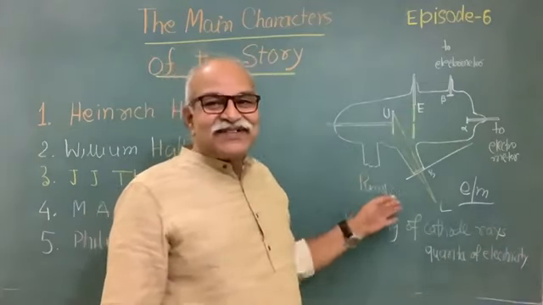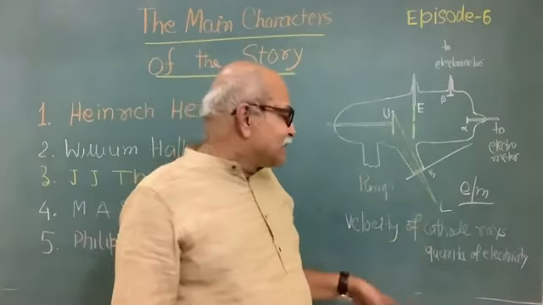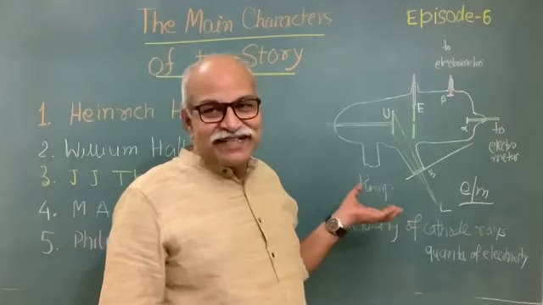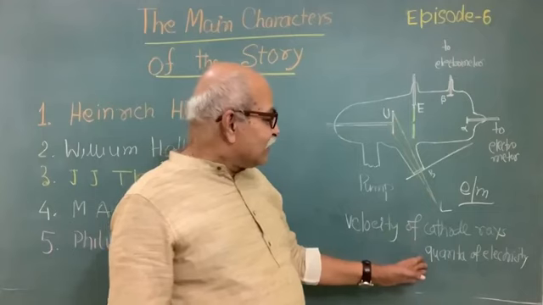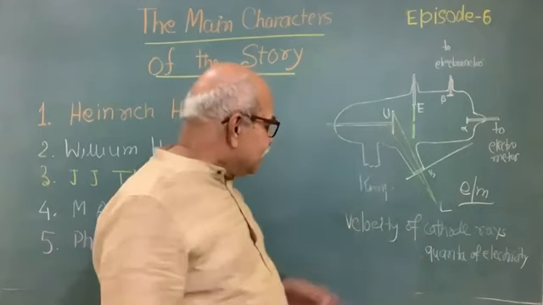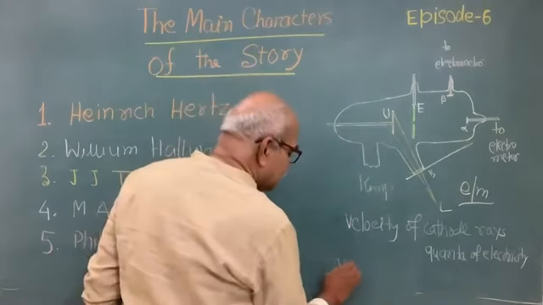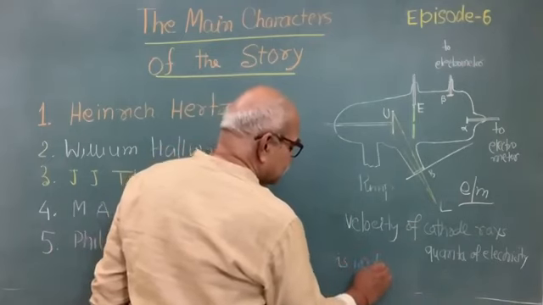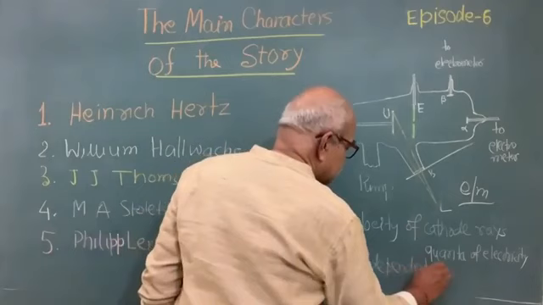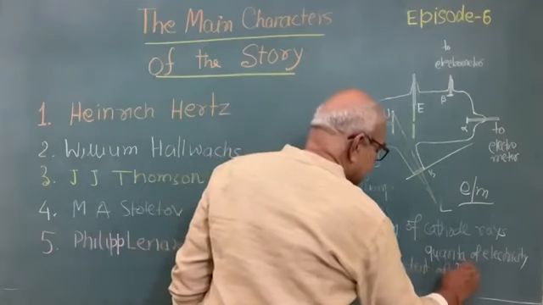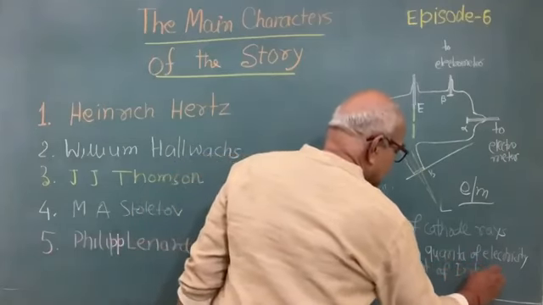He uses the word quanta, and finally the accepted word is electron. Alright? So velocity of these quanta is independent of intensity of UV.